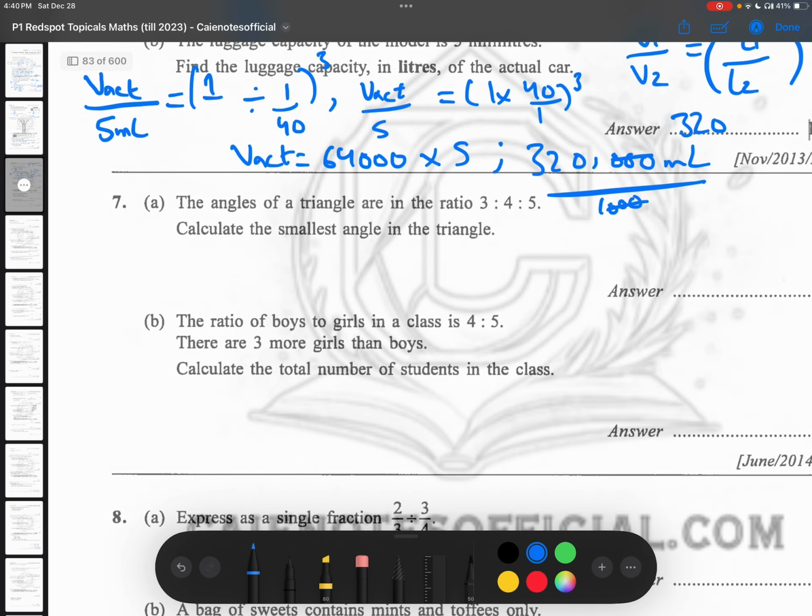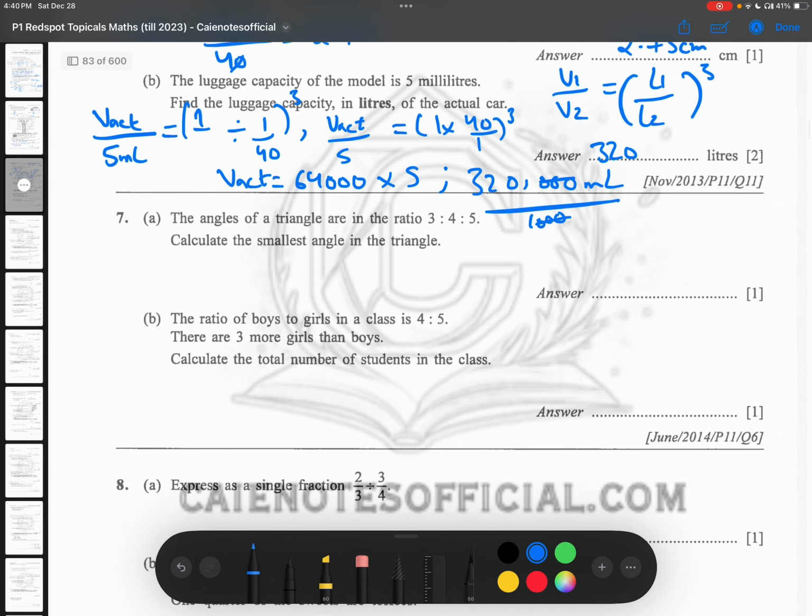Now question number 7 says the angles of a triangle are in the ratio 3:4:5. Calculate the smallest angle in the triangle. So in this question we do know that the total ratio is 12, right? 5 plus 4 plus 3 is equal to 12.